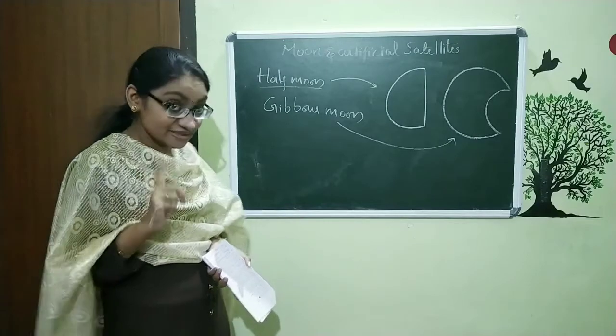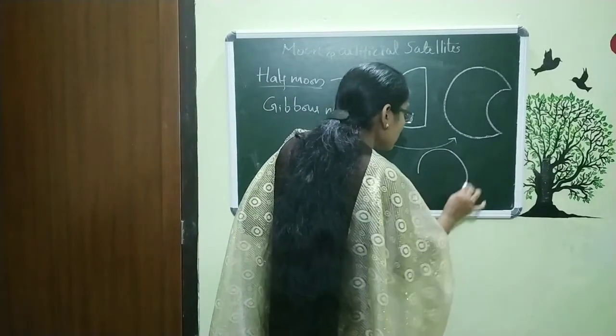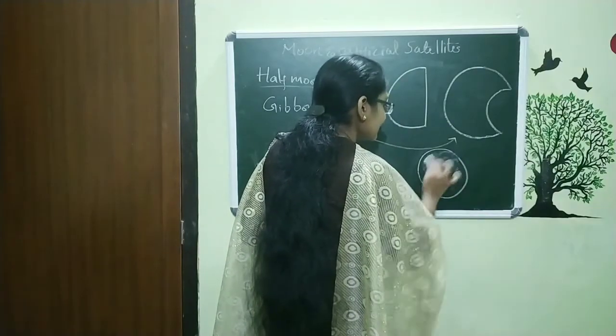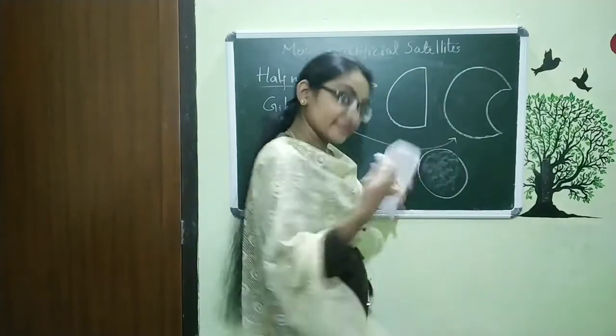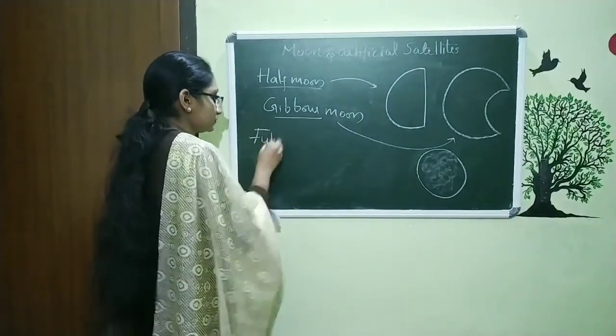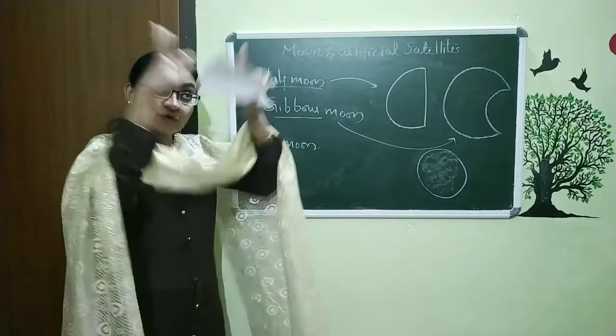And the last one is this. In some nights you can see the whole portion of moon present in the sky. You can see the full moon. For the full moon we can see the full moon there.